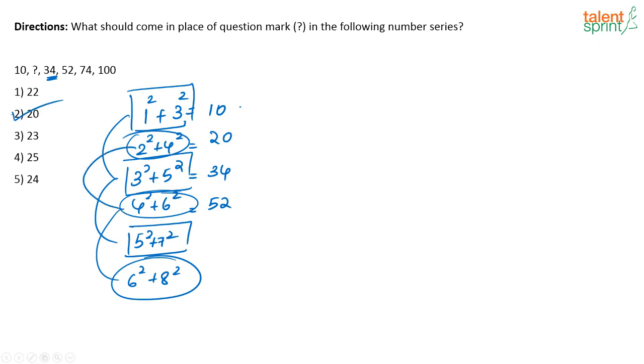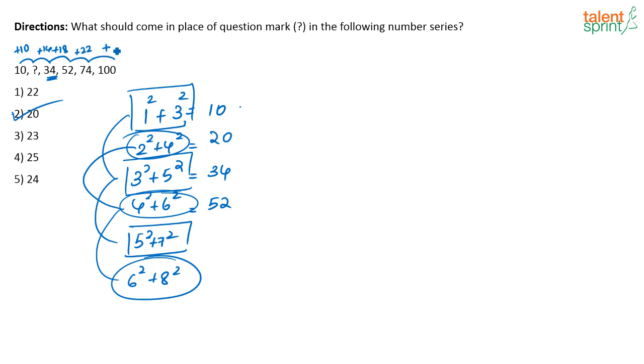Sometimes more than one logic is applicable for a question, and sometimes the logic will be easier too. So let us just discuss the logic that is given by Karthik, because it is a better logic than what I gave, okay. See here 10 plus 10, okay, is 20. Then plus 14, plus 18 and plus 22, correct.